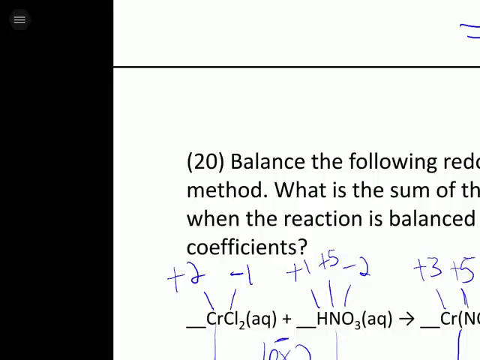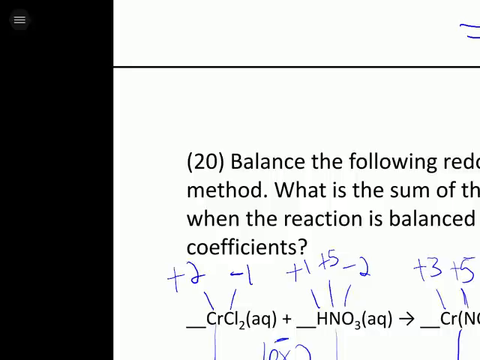So if we combine the coefficients that are grouped together, it's going to be 2 CrCl2, 2 chromium chloride, plus 7 HNO3, goes to 2 chromium nitrate, and then HNO2, 1 of those, 1 water, and 4 HCl. So that's the full balancing.